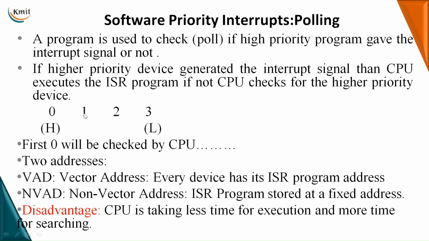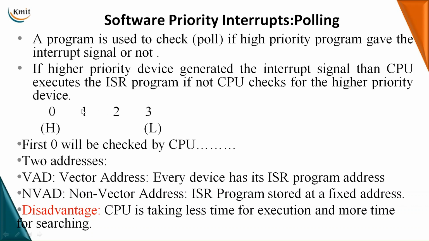If you consider 0, 1, 2 and 3, say for example device 0, it might be a printer. It has generated an interrupt request to the CPU. In that case, since this is the highest priority, 0, the CPU will execute the interrupt service routine of that device. Say for example, devices 1 and 2 both have generated an interrupt to the CPU at the same point of time.